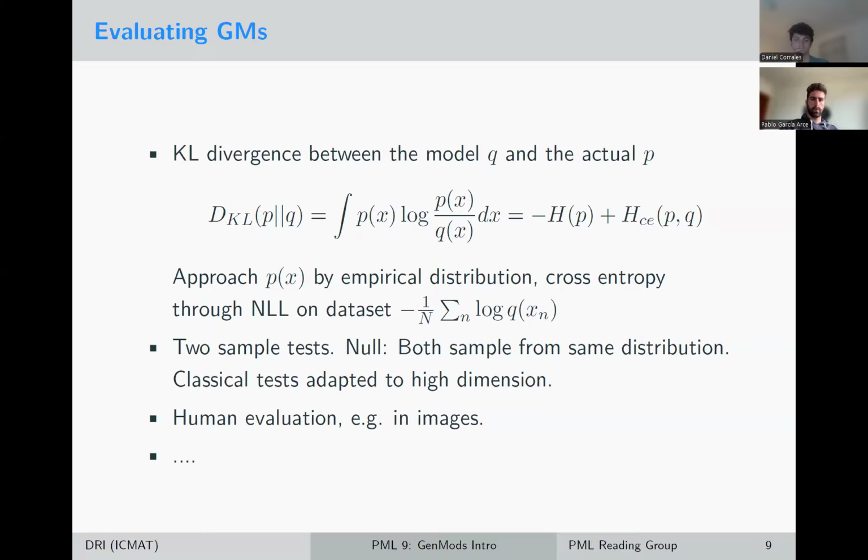A typical example would be when these kinds of models are used to generate images, and one or several human beings get paid to evaluate whether these images are of sufficiently good quality, or approach the purpose for which those images were generated.